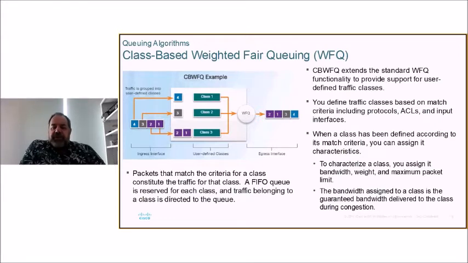To characterize a class, you assign it bandwidth, weight, and maximum packet limit. The bandwidth assigned to a class is the guaranteed bandwidth delivered to the class during congestion. Packets that match the criteria for a class constitute the traffic for that class. A FIFO queue is reserved for each class, and traffic belonging to a class is directed to the queue.